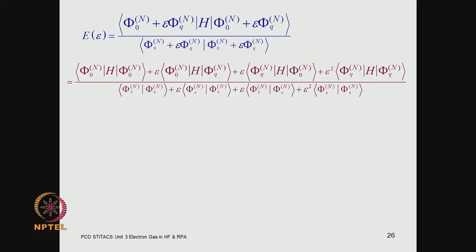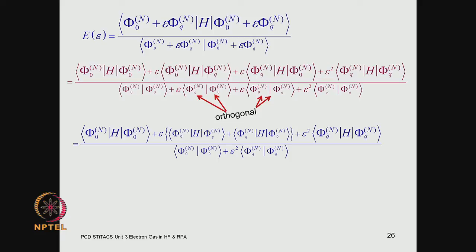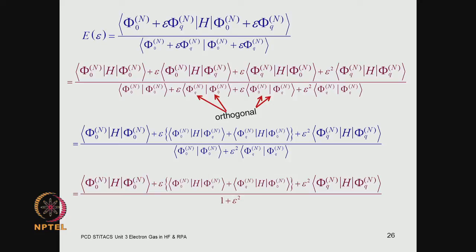Likewise, in the denominator there are 4 terms. Now, the denominator is easy to see because phi 0 and phi q are orthogonal to each other. So, those 2 terms in the denominator already vanish. That simplifies the denominator. The 4 terms in the numerator have been retained explicitly, and I have written it a little differently in the last expression here, in which I have taken epsilon to be common.